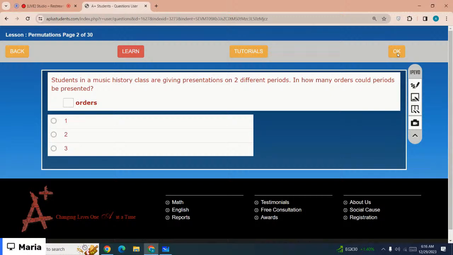Yes, 2 factorial equals 2. That means they can be presented in two different orders. The correct option is 2.